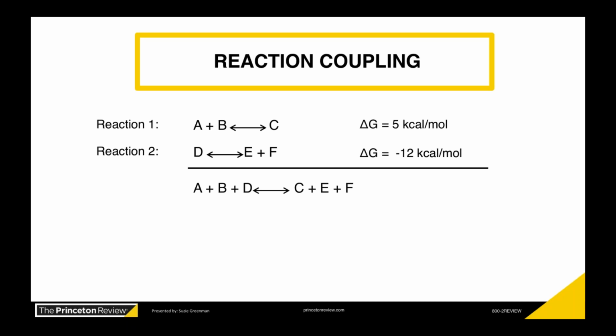And the delta G's are going to be additive. So I'm going to have a delta G of -7.